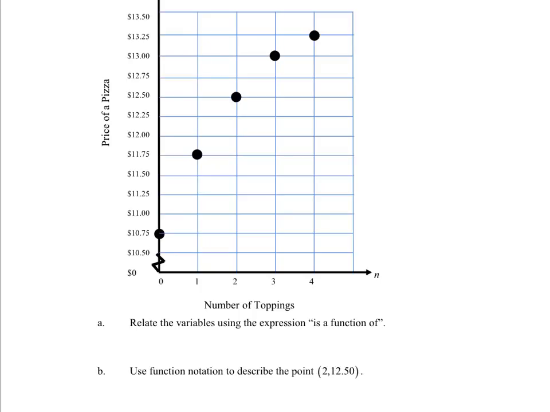Remember, y is always a function of x, or in this case, p of n is always a function of n. So the price of a pizza, which is our y, is a function of our x, which is the number of toppings.